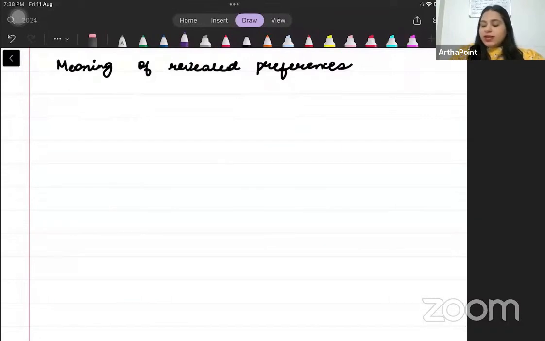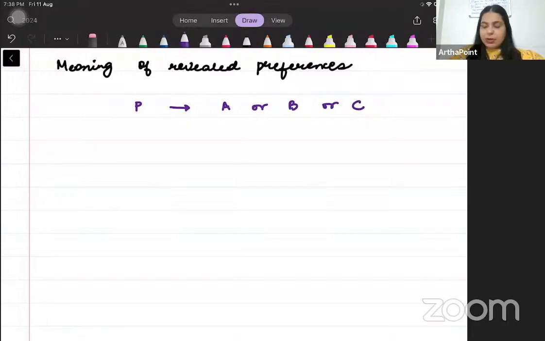You will be given a price bundle P, and at this price bundle, the consumer prefers A, or prefers B, or prefers C. So between different bundles, you will be told which bundle the consumer prefers.